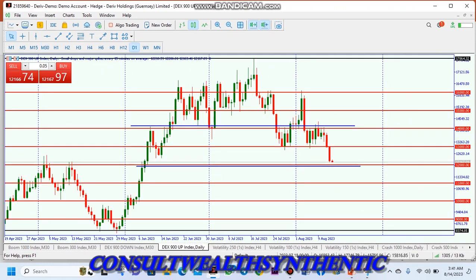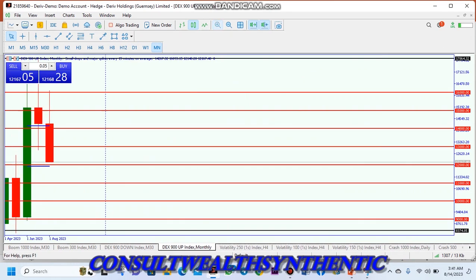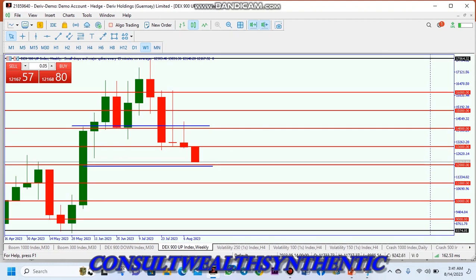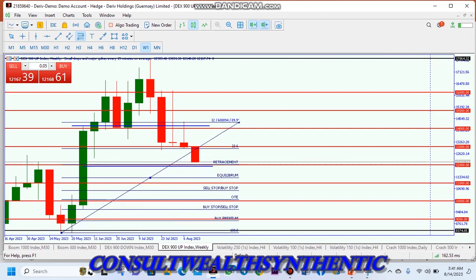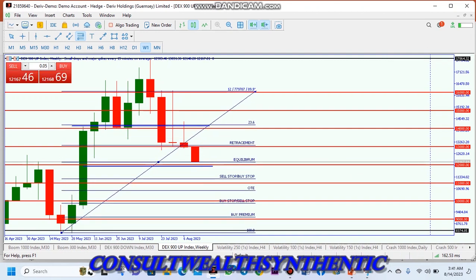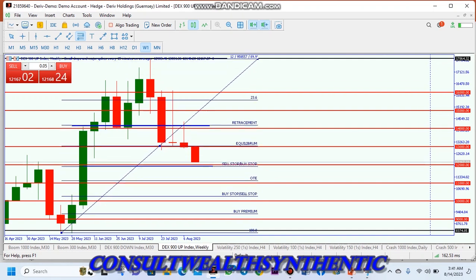So let's come to DEX 900 down. Come to your monthly time frame. You see this happening. Then come to your weekly time frame. We analyzed this last week. So coming to your weekly time frame, you measure from here your last sell to your last buy. This was the last buy.